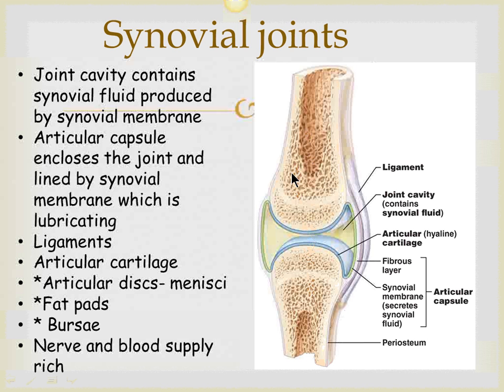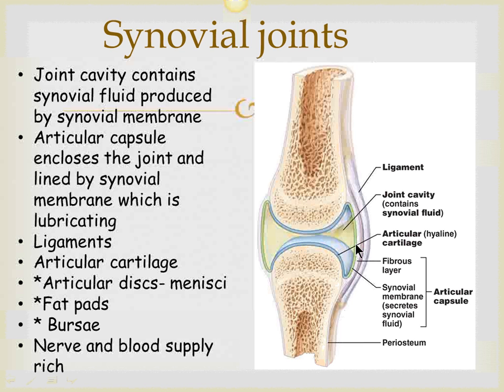So can you see two bones up here? Again, the ends of the bones are lined by articular cartilage. Wherever joints have a little movement, you will always find articular cartilage lining the ends of the bones, like you saw in the fibrocartilage joints. There was slight movement, so you have this articular cartilage, because you don't want bone rubbing on bone and wearing it out.